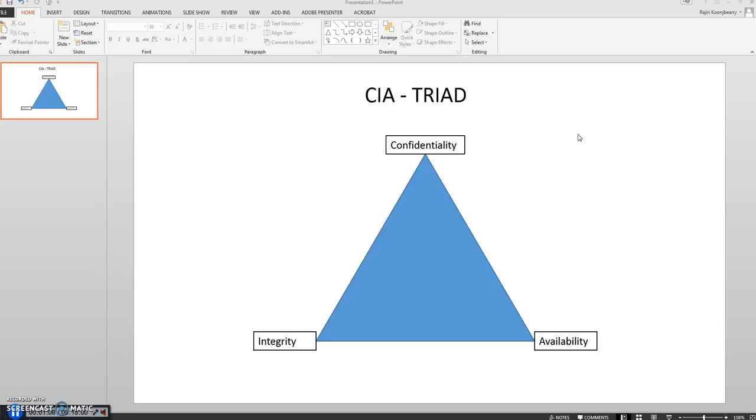For example, PIA stands for privacy, integrity, and availability, and IAC stands for integrity, availability, and confidentiality. These three components are very important for data security.